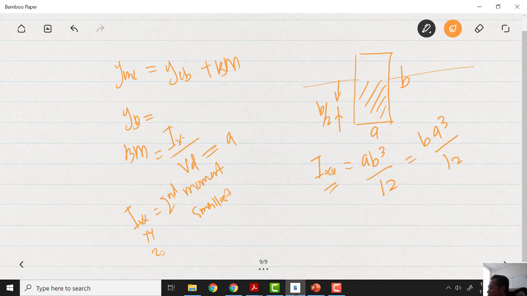The volume will be A power by 2 times B over 2. Why not B? Because we only consider the volume submerged, not the whole volume.